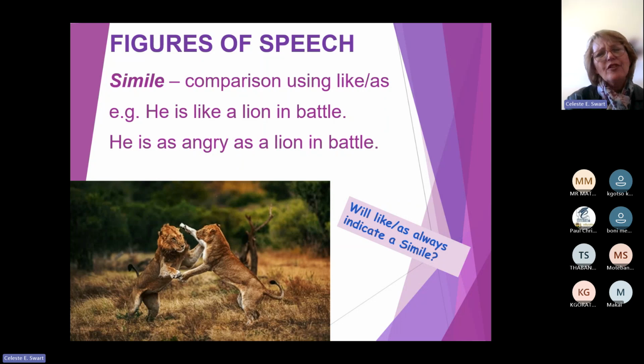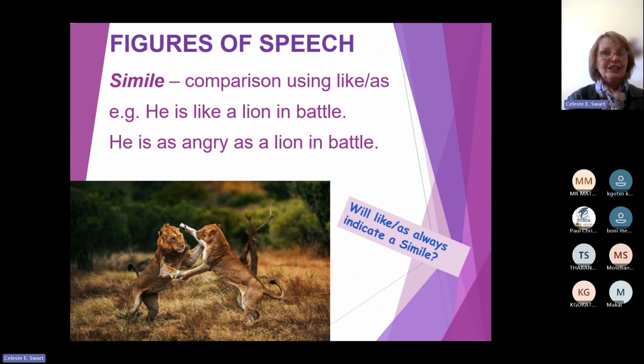But now, will every single use of like and as always indicate a simile? Absolutely not. Because sometimes it's not a comparison. It's sometimes just used to complete a sentence. So when we have the comparison where we are comparing something to something else and we're using like or as in the comparison, then it becomes a simile. So be careful that you don't get mixed up with those and you don't confuse them.